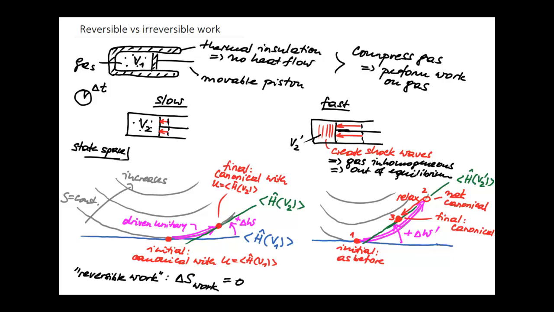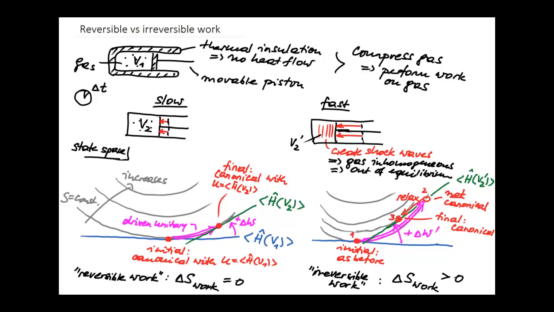So the net effect is that in this fast scenario, the change of entropy due to the work that you performed is now positive, strictly larger than 0. And this is called irreversible work. It's irreversible because it leads to an increase of entropy, a change of entropy that's strictly larger than zero. And this happens when you perform work too fast.